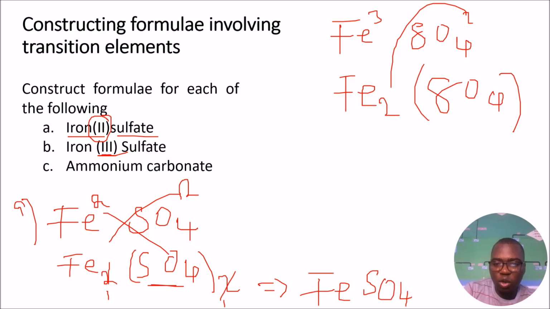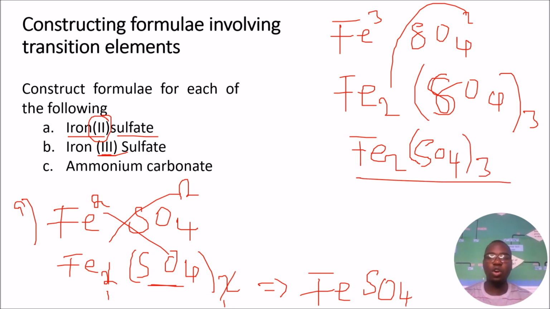So once the SO4 senses, make sure you see SO4, the 3 will be outside there. Now the question is, can we reduce 2 and 3 any further? No, we can't. So this is where it ends. So you just rewrite the formula nicely and close together like that. So this is Fe2, SO4 close brackets and a 3, and that is your answer.